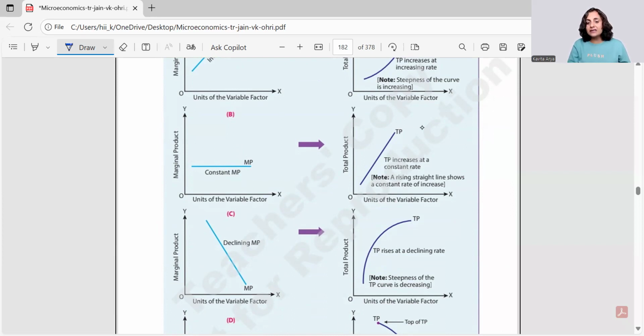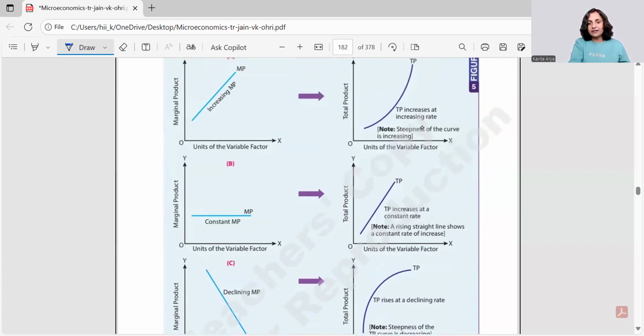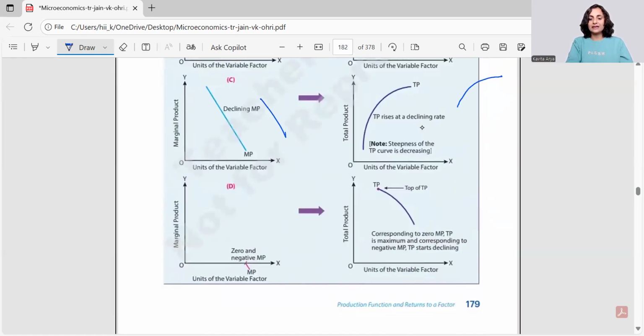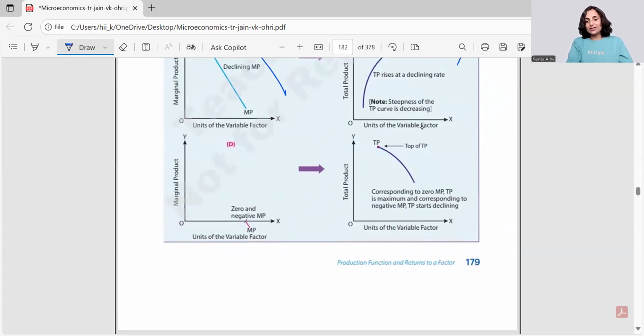Means here it is a curve. Try and understand the difference between the two. This is a steep rise and this is a curved rise, because this is a steep rise and this is a fall. And MP is contributing to the total production, right? And where MP is 0, TP is maximum.